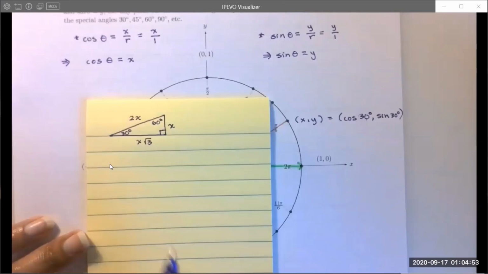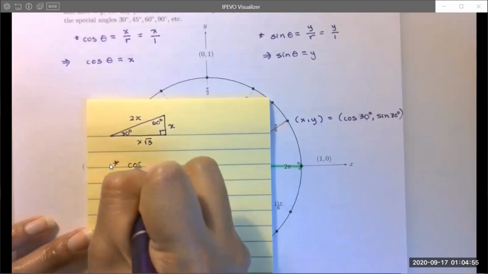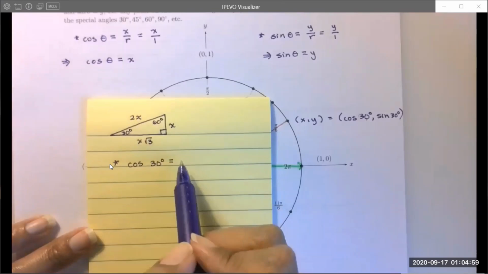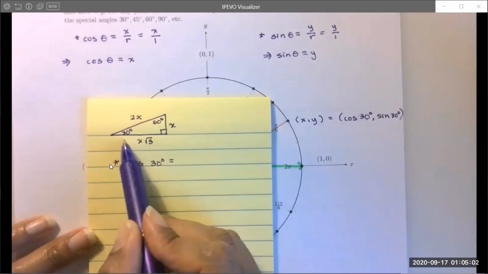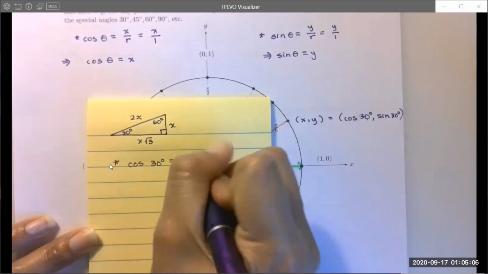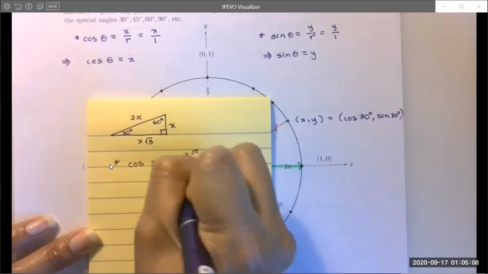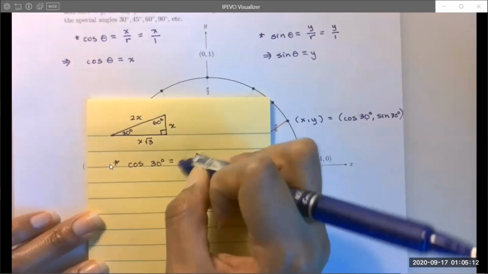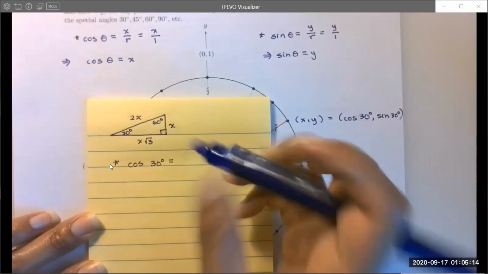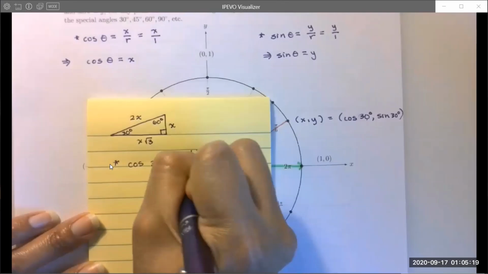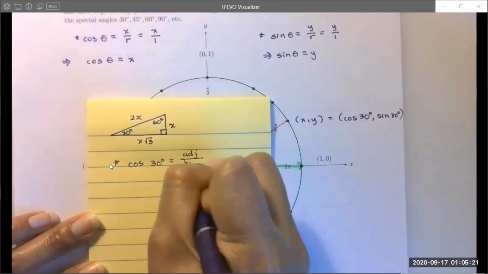So if I want to find cosine of 30 degrees, cosine of 30 will be the side that's adjacent, which is x radical 3, over the hypotenuse, which is 2x. And let me write out the definition because I want to make sure we all remember where this is coming from: cosine is adjacent over hypotenuse.